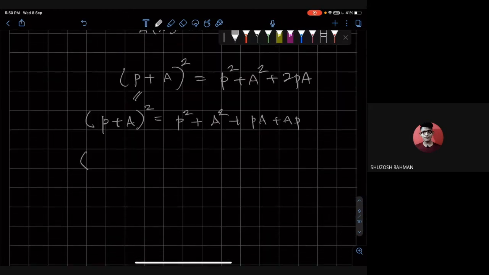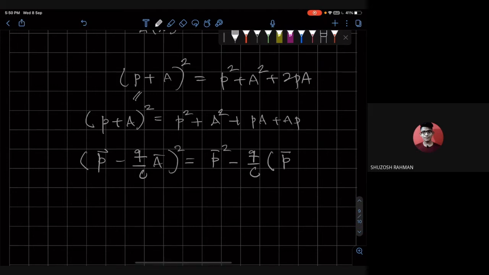So in quantum mechanics, we are going to write (P minus Q by C A) squared as P squared minus Q by C times (P dot A plus A dot P) plus Q squared by C squared A squared, okay?